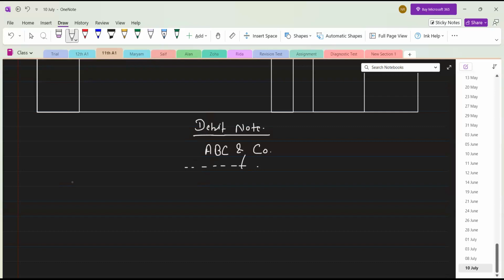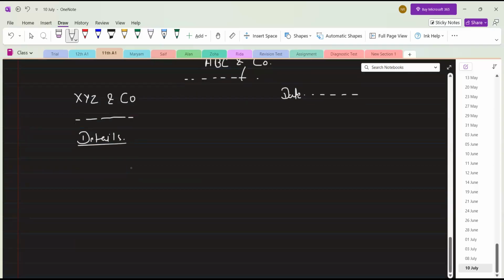You will write the name of the company that you are issuing it to. So XYZ and company and their address. The date will be written here. Then you will write the details, whatever details you want to share with them.